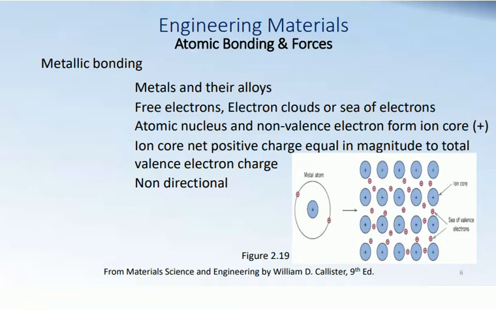The ion core, positive charge, and the electrons, negative charge, make the bonding. Because they are equal but opposite in charge, there results an attractive force, or attractive bonding, between this ionic core and the sea of electrons.